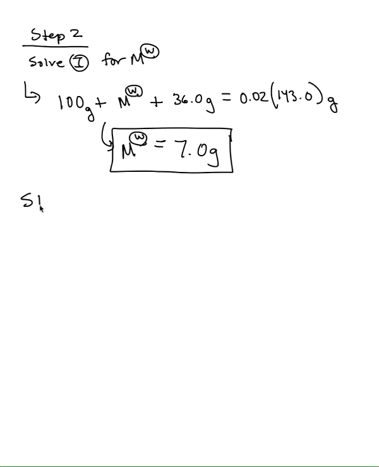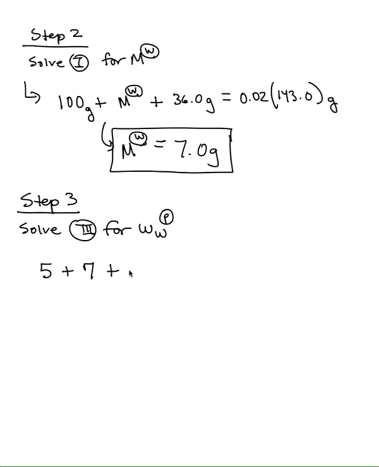Okay, so then we're going to do step 3. And step 3 is to solve equation 3 for the mass fraction of water in stream P. So equation 3 is 0.05 times 100, so that's 5, plus the mass of stream W, which is 7, plus 18% times the mass of B, which we figured out was 36 earlier.